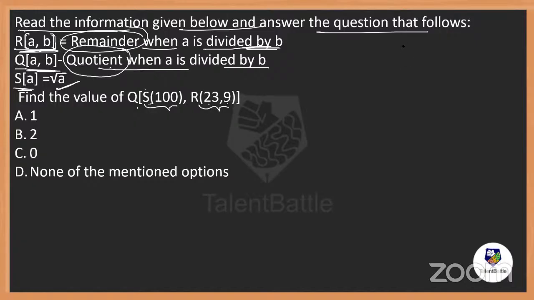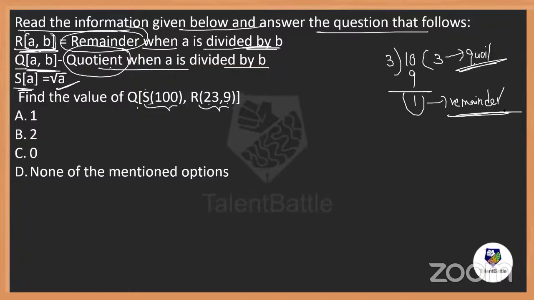For example, if I take 10 and divide it by 3, it goes 3 times, which is 9, so we get 1 as the remainder. This is called the quotient and this is called the remainder. Just for your example, I'm telling this. So yes, perfect, the answer is 2. Correct. So first, we are supposed to open the braces.